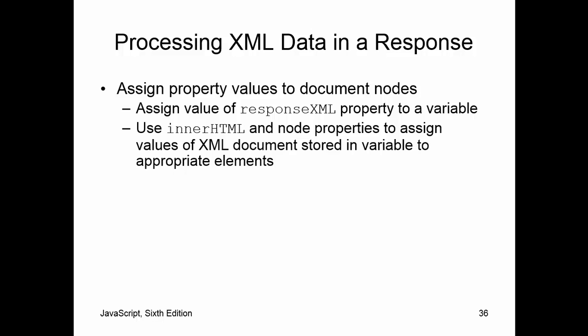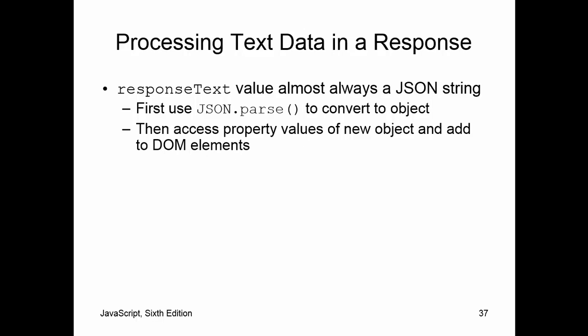To work with the contents of a JSON string, you use the parse method, which we have, I believe, talked about in an earlier chapter, to convert the string to an object. You can then access the property values of the object and add them to the DOM as necessary. And again, there's an example of that in the book on pages 776, 777, and beyond.